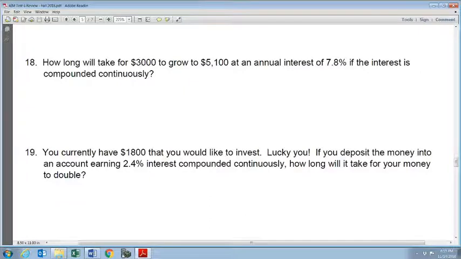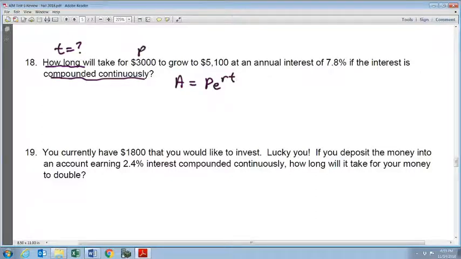It says, how long will it take for $3,000 to grow to $5,100 at an annual interest rate of 7.8%, if the interest is compounded continuously? So how long, that's our time. Time is what we're looking for. Compounded continuously, we're going to use PERT.